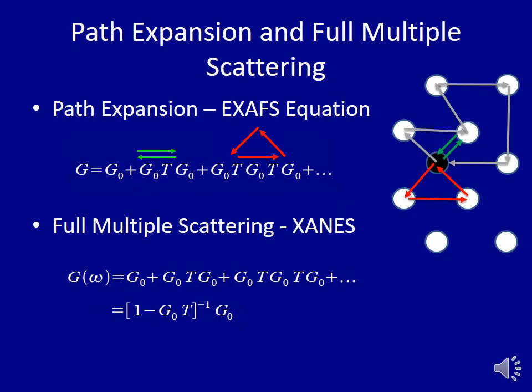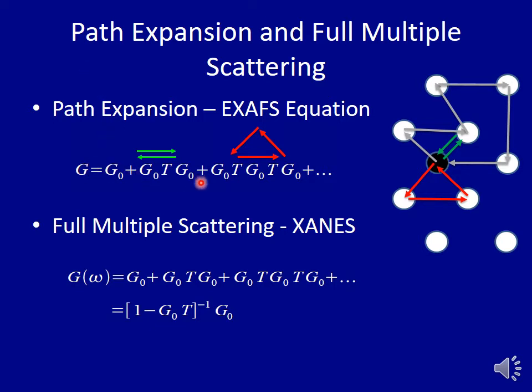So then, in final analysis, we always write things, as I said, in terms of the scattering matrices. And if we keep that expansion in terms of the scattering matrices, or T matrices, we call that the path expansion, and that's directly related to the XAFS equation.